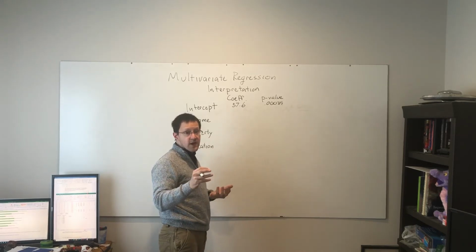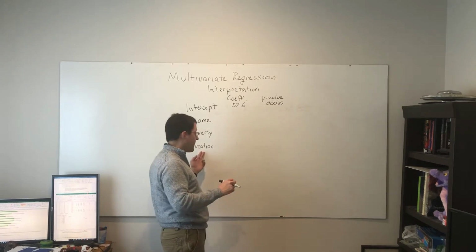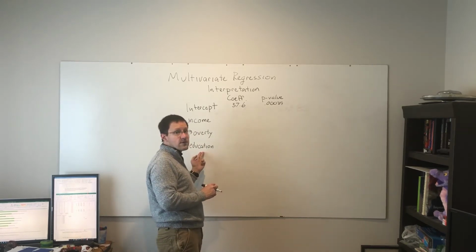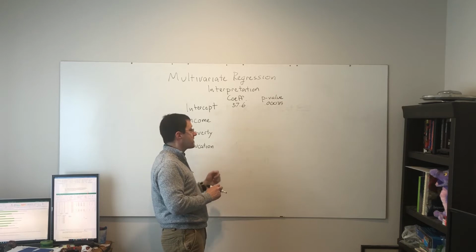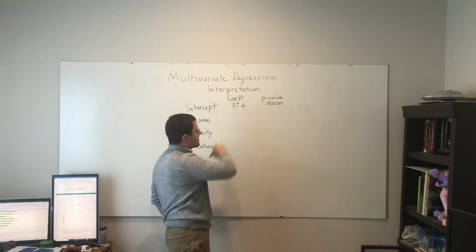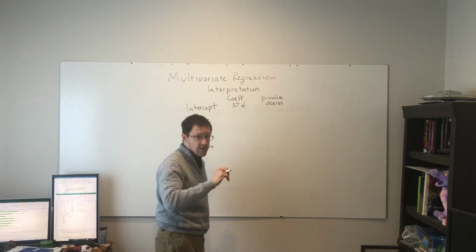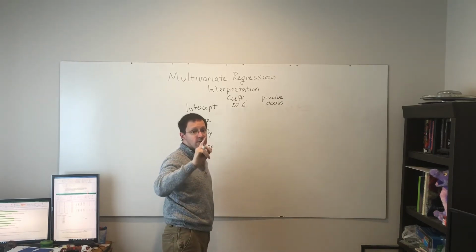The per capita income of a county, the poverty rate for a county, and the percent with a high school degree as representing education for the county. Now we get a series of coefficients and a series of p-values, one for each variable.